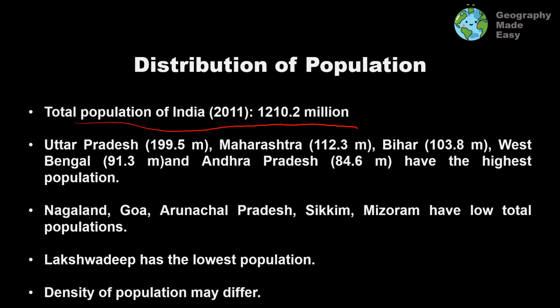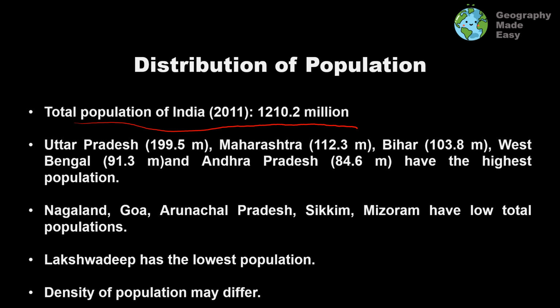If we compare these five states with the five states which have less population, we can understand that geography plays a very important role in determining which state will have more population and which will have less dense population. Nagaland, Arunachal Pradesh, Sikkim and Mizoram are states where the Himalayas or other hills are present, so the uneven terrain does not allow too much dense population growth.